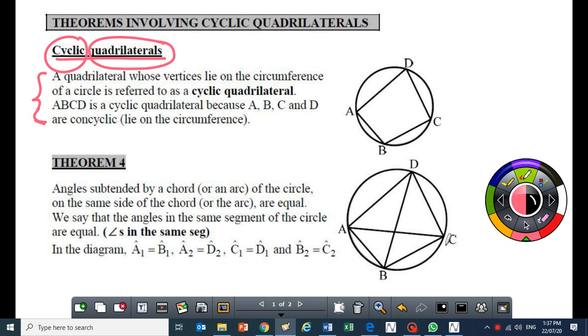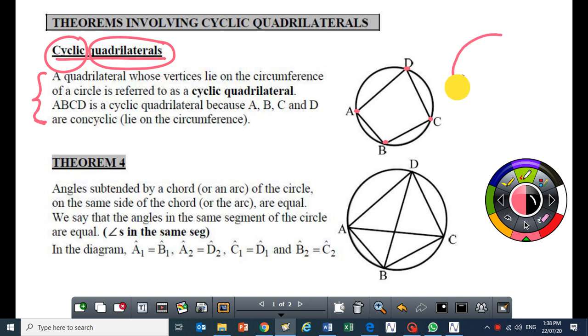We need to listen. Right, so if you've got a quadrilateral, in this case A, B, C, D, okay? If those 4 vertices are on the circumference, we say that the quadrilateral is cyclic.